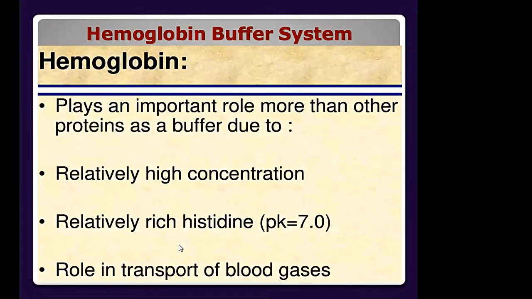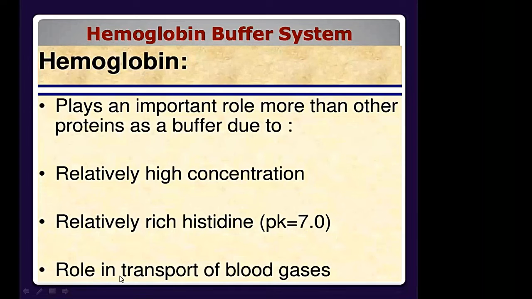So we'll come to this hemoglobin buffer system first. Hemoglobin is a very important protein present in your red blood cells, RBC. This protein plays a more important role than other proteins as a buffer system, because it is present in relatively high concentration in RBC. It is a histidine-rich protein, with pKa value 7.0.